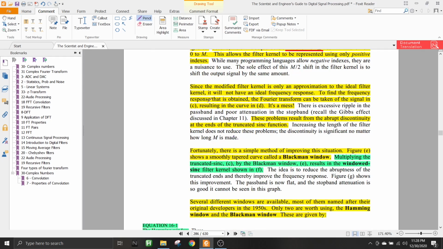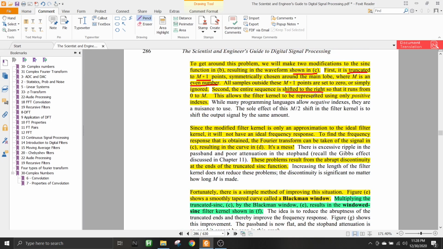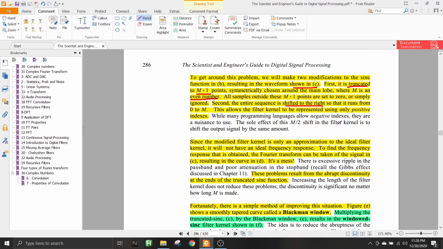Now the modified filter kernel is only an approximation. Even after doing this, the filter that we get is not the actual filter kernel. It is an approximation of the actual filter kernel. The ideal version would be infinite, but this is finite. So obviously it will not have an ideal frequency response.